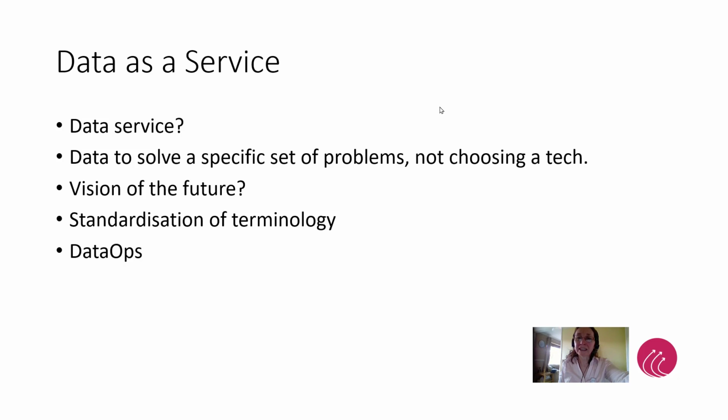What does good look like in their organization, and how can data help them? So that's important too. It's also good to agree and standardize on terminology before you start. So people might use data lake, but they mean data warehouse, or they might mean database when they mean a data lake. So there's these sort of terminological problems that people can get into. So that's always a good thing to start thinking about quite early on.